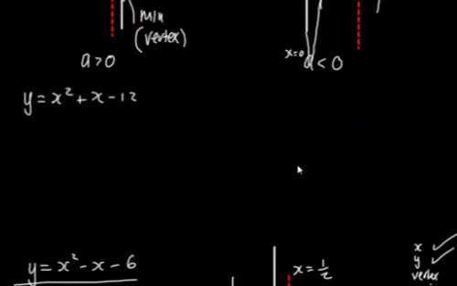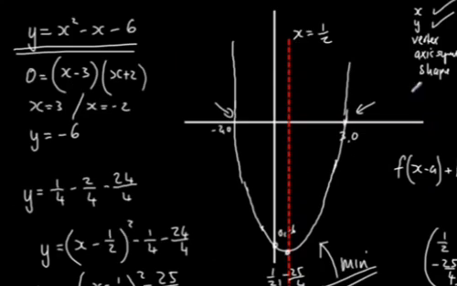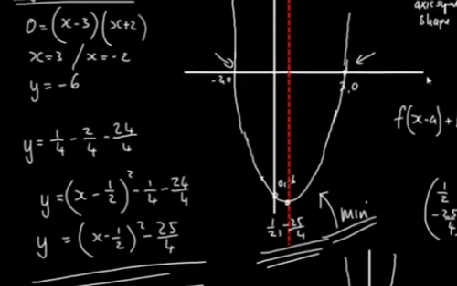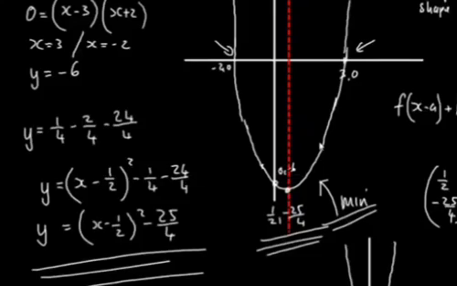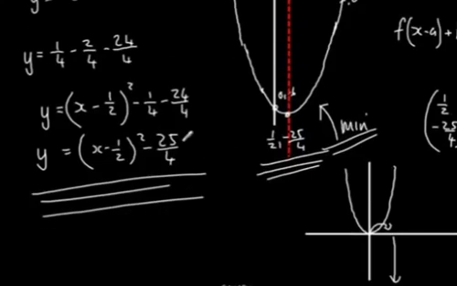To sketch, we need x coordinates, y coordinates, a vertex, the axis of symmetry, and the shape. The minimum point coordinates are given by completing the square. Hopefully, if you've done graph transformations, that makes perfect sense.